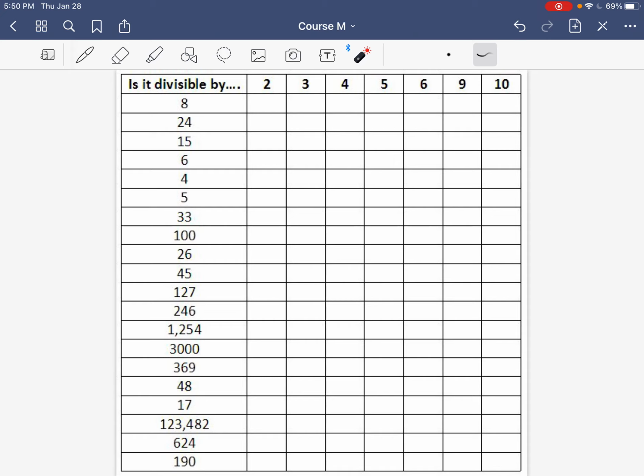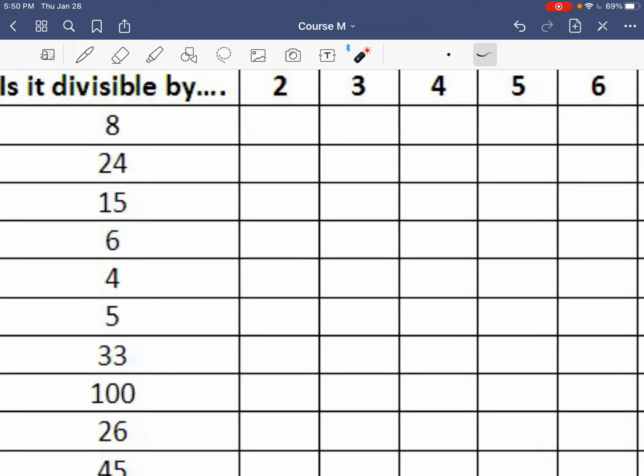So what we do here, we're just going to write yes or no in these cells to tell if our numbers are divisible by these certain factors. So these are the composite numbers this way, and then your factors are written this way. So let's start with the first column.